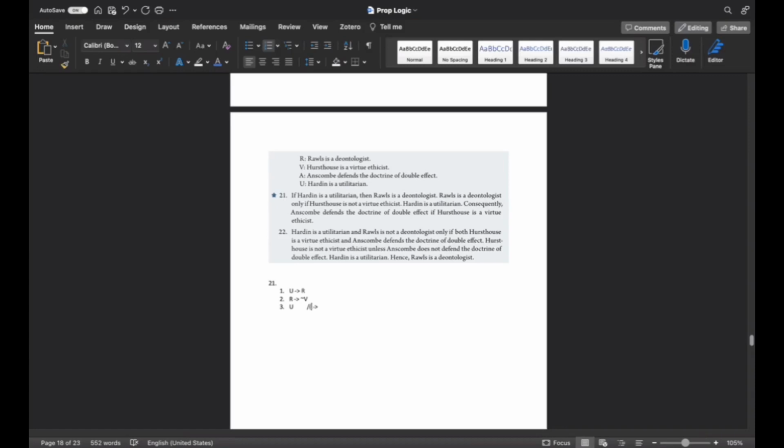A space after the slash. Like this. Consequently, let's see if I got the letters right. Yeah, that's right. Hurst House, then.